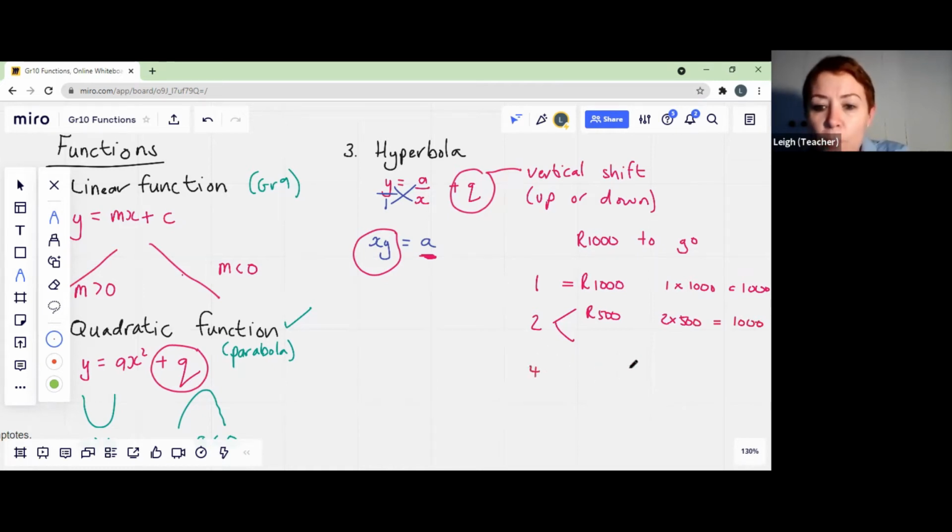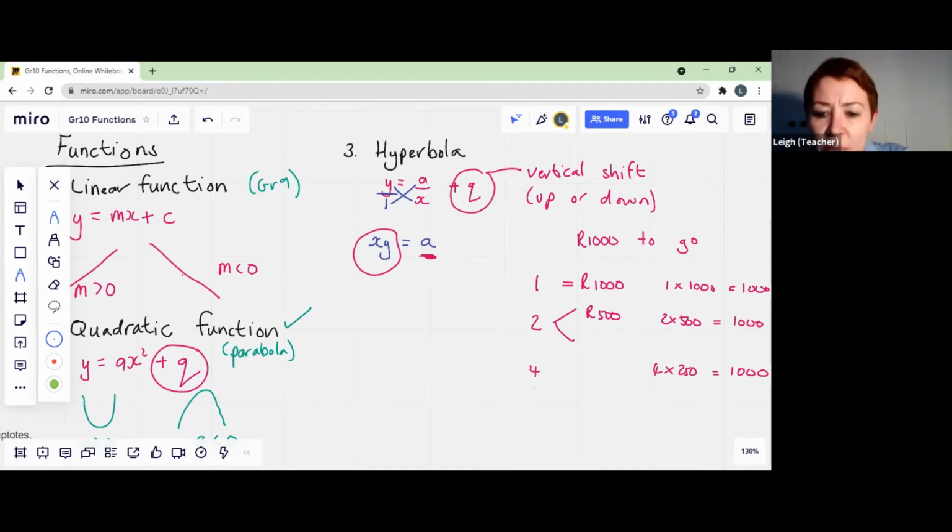If 4 people went on the school trip, then it would become even cheaper for them. How much would each person have to pay if there were 4 people going on the school trip? Exactly, 250. Okay, so that would also give us 1,000, right?